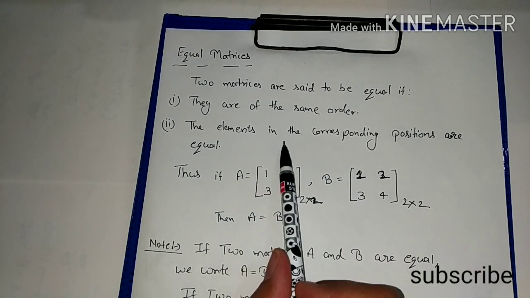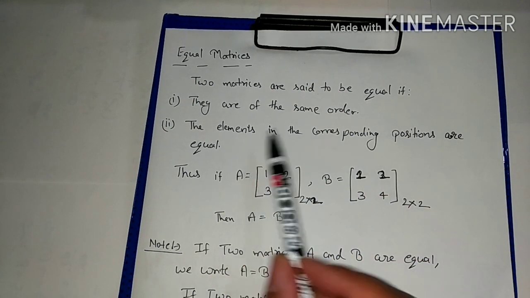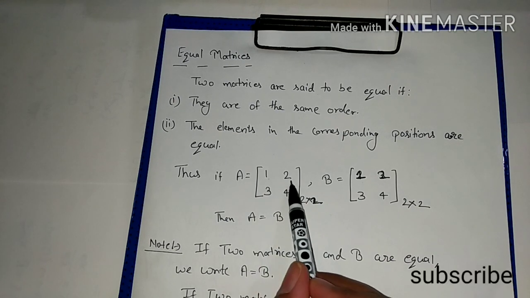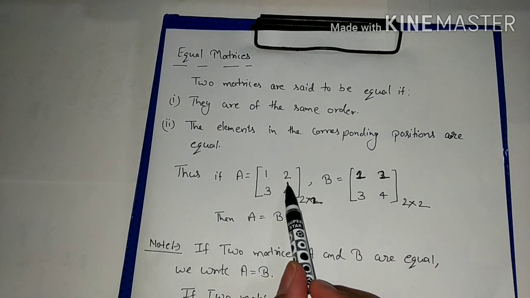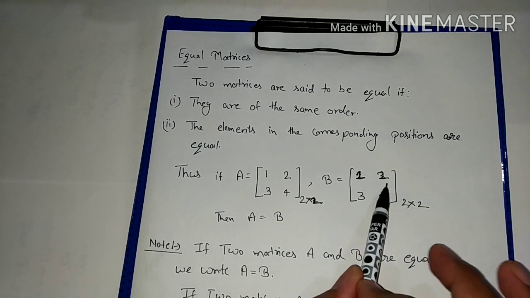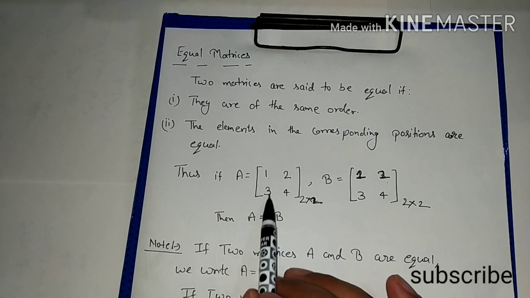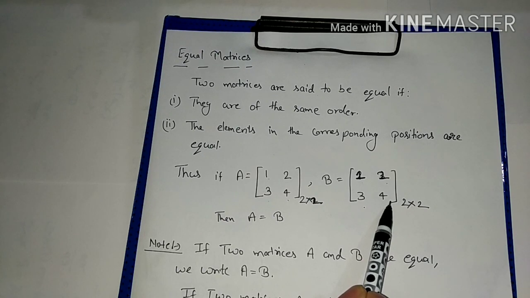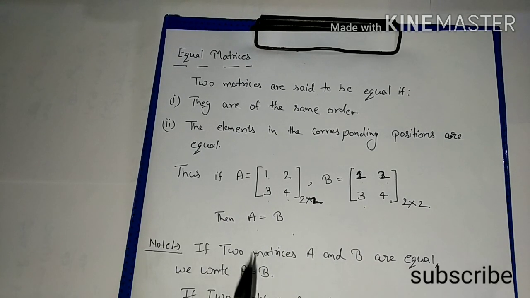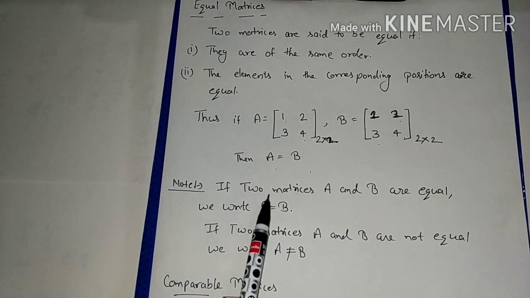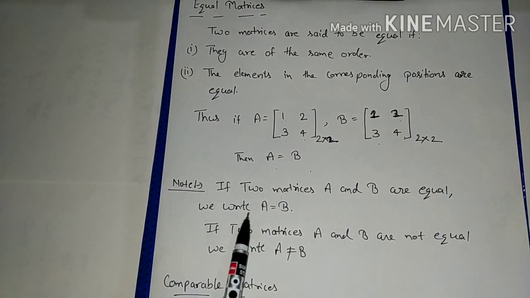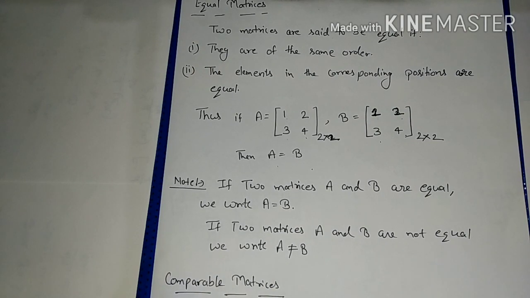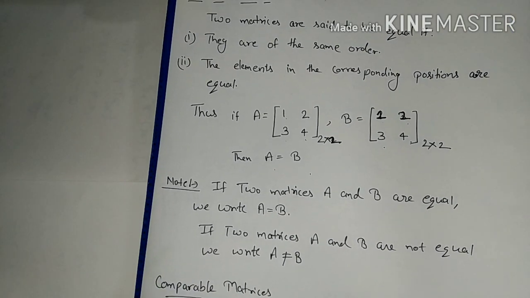Second condition, the elements in the corresponding positions are equal: a11 is 1, b11 is 1, a12 is 2, b12 is 2, a21 is 3, b21 is 3, a22 is 4 and b22 is 4. It means A equals B. Note, if two matrices A and B are equal, we write A equals B, and if two matrices A and B are not equal, we write A not equal to B.